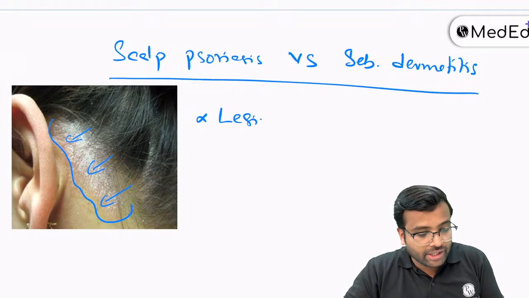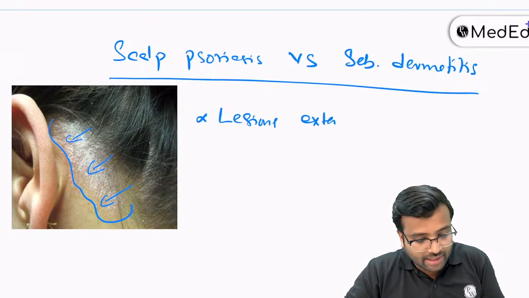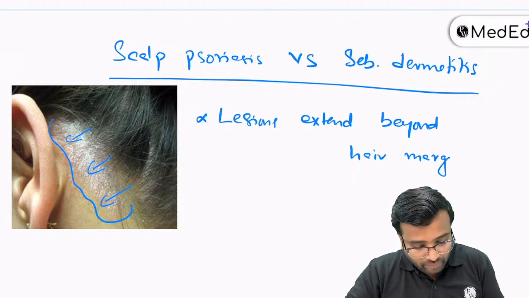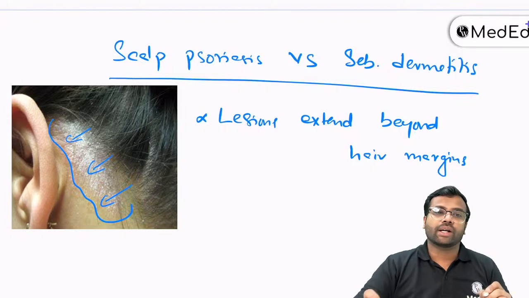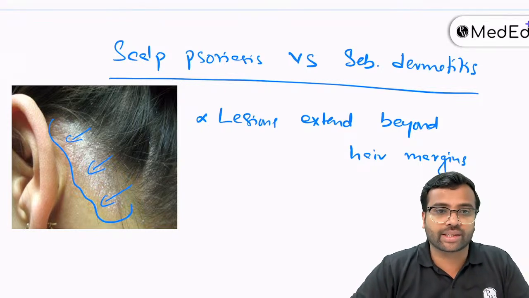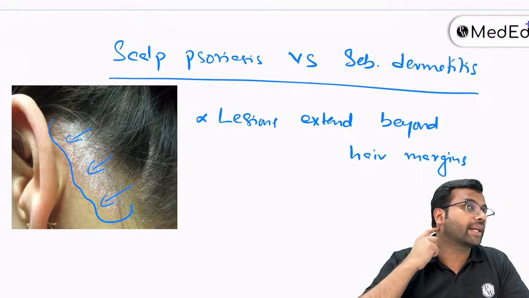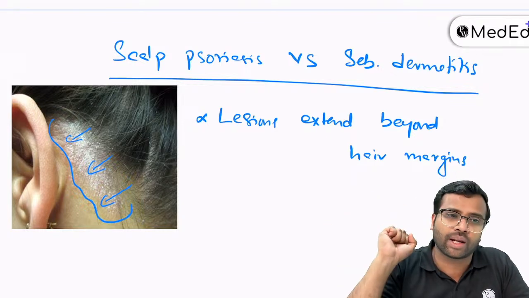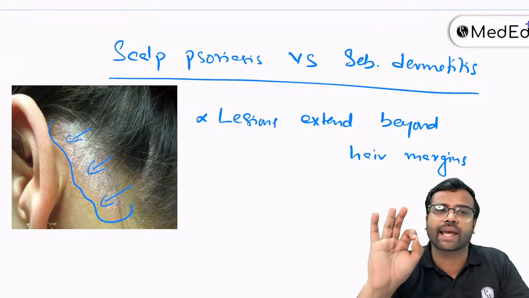Whenever the lesions extend beyond the hair margin, this is more likely to be psoriasis, because you can see some plaque lesions and also some silvery white scaling. So that could be typical scalp psoriasis.